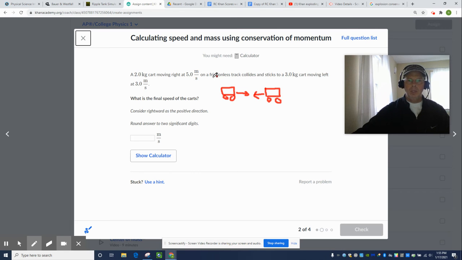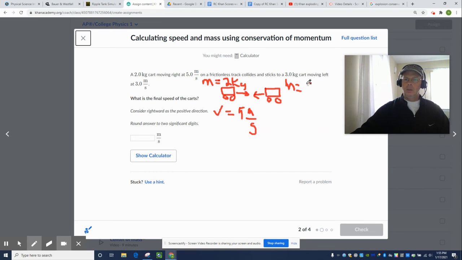So let's see. We have M1 as 2 kg, moving at a velocity of 5 meters per second. All right, so that's 10 kilogram meters per second. And this guy, M2, is 3 kilos, except he's not going as fast.